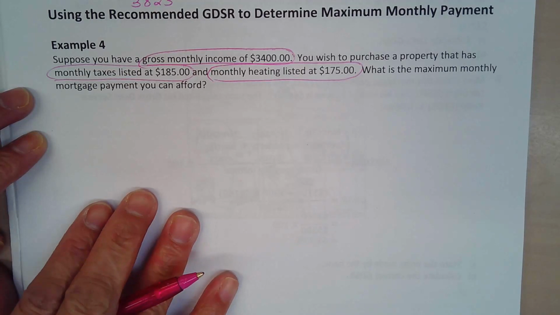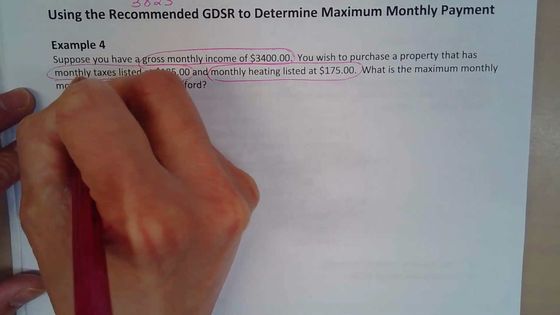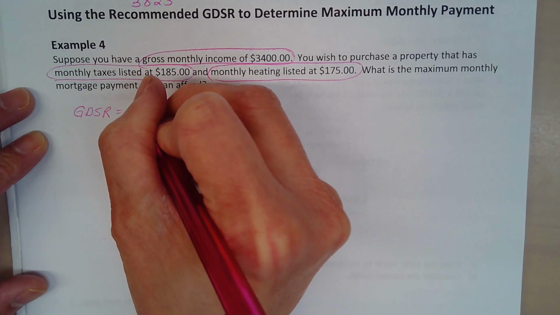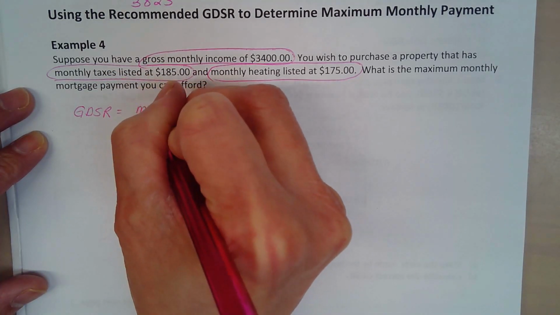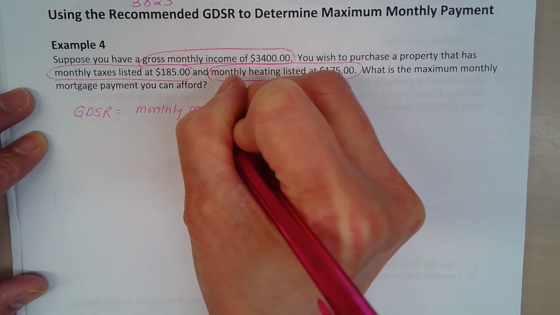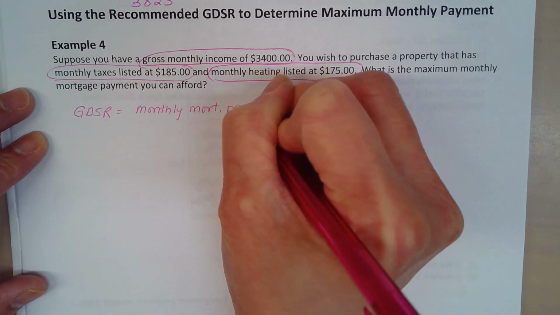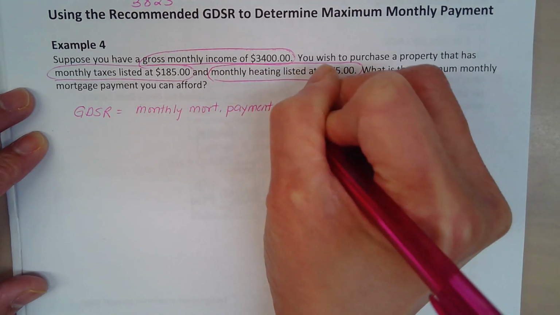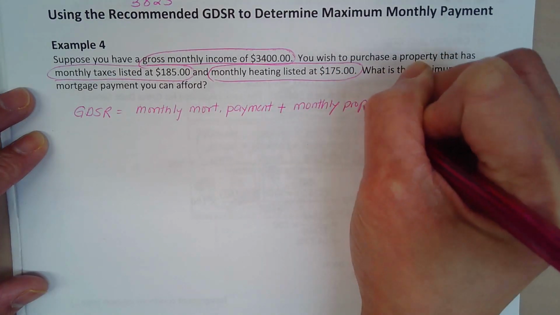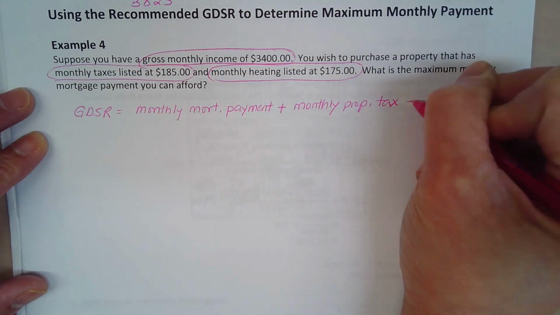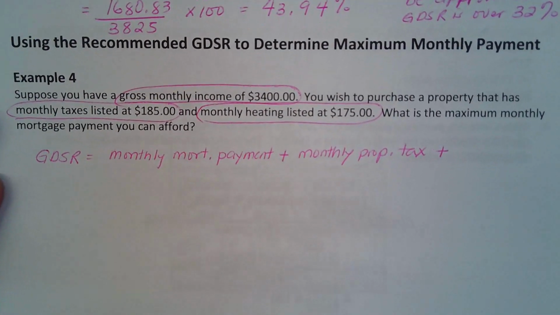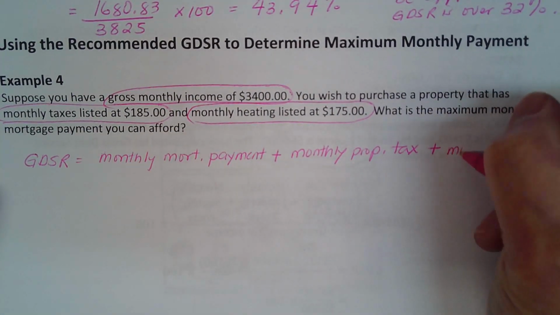So just to go back to our GDSR formula, we said it's going to be monthly mortgage payment plus monthly property tax, I'll just shortcut it, and monthly heat.